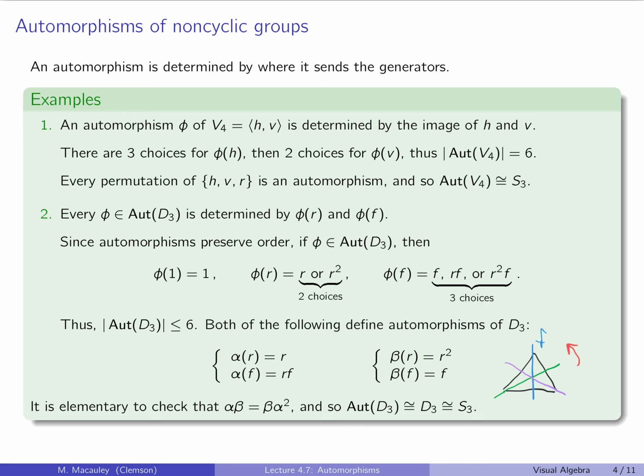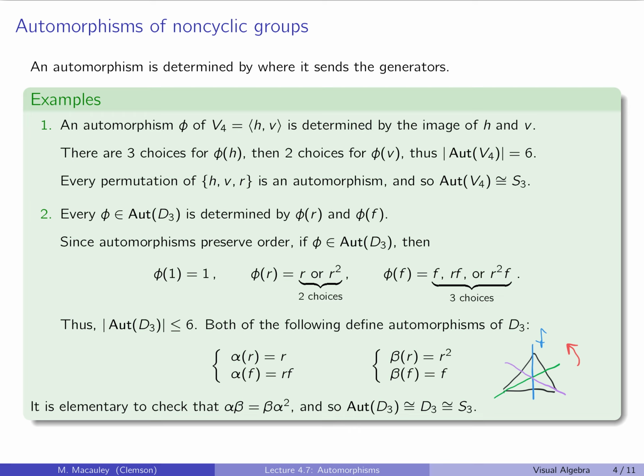So I can declare the counterclockwise direction to be R and this to be F. But I could have just as easily called the other direction R and one of these F. So you can think of alpha as rotating the labels on the axes. It's going to replace each F with RF.